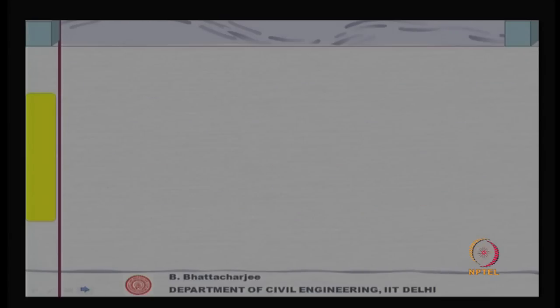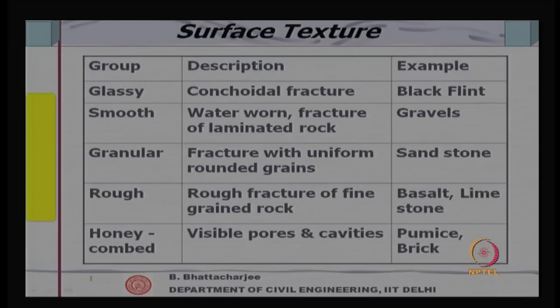The classification related to this is something like this. For example, glassy is conchoidal fracture, black flint is an example. Smooth is water worn, or fracture of laminated rocks. Granular is fracture with granular surface texture, that means grains will be protruding out, fracture with uniform rounded grains, sandstone.